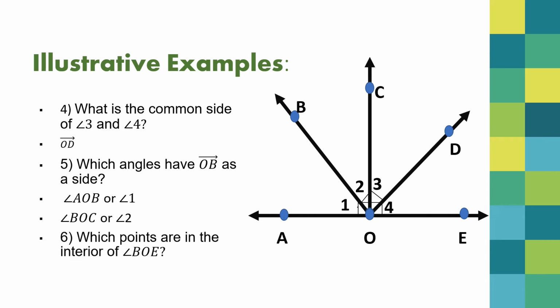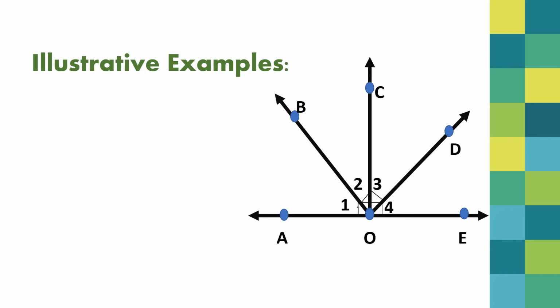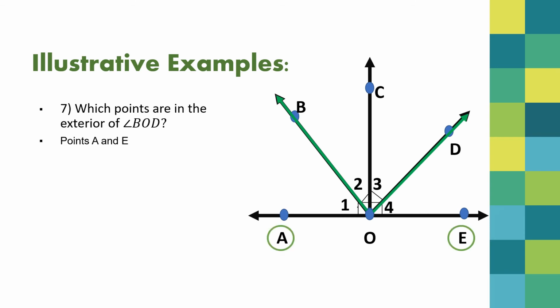Which points are in the interior of angle BOE? Yes, that's right. It is points C and D. Number 7. Which points are in the exterior of angle BOD? That is correct. Point A and point E.